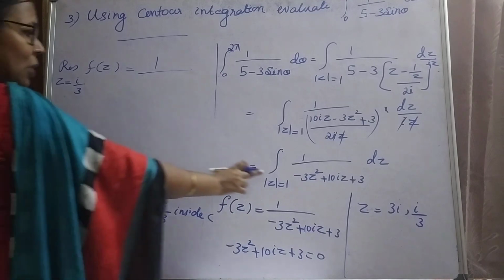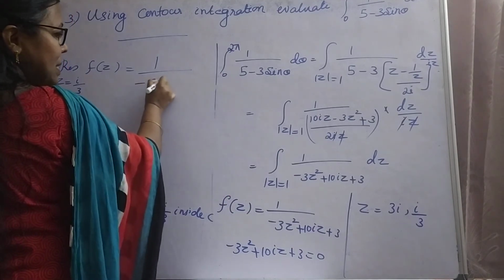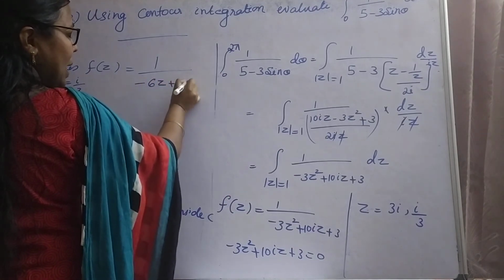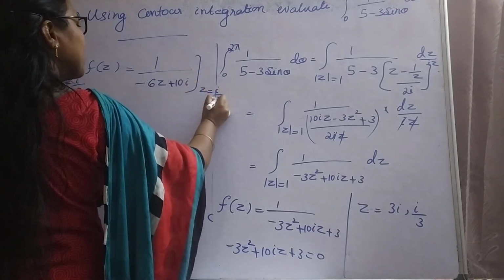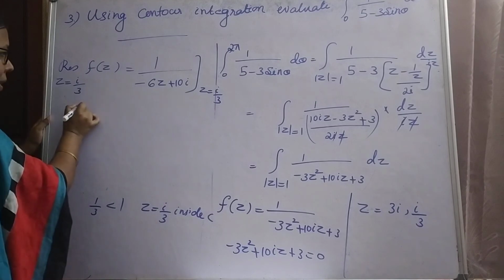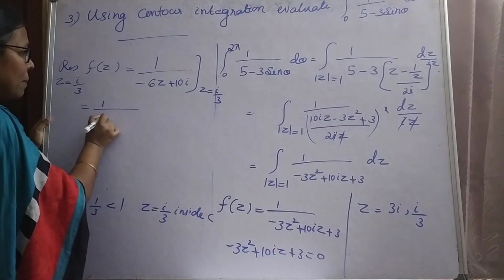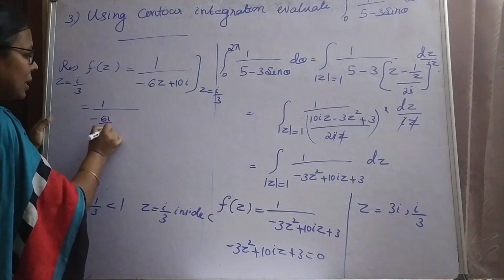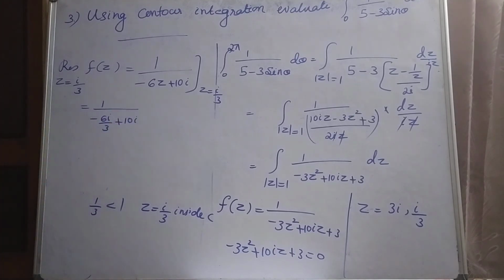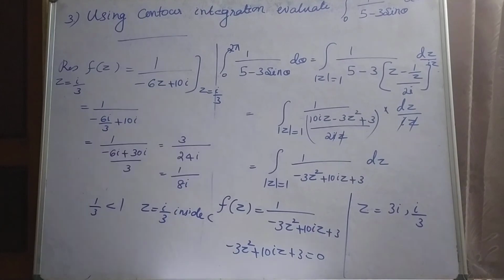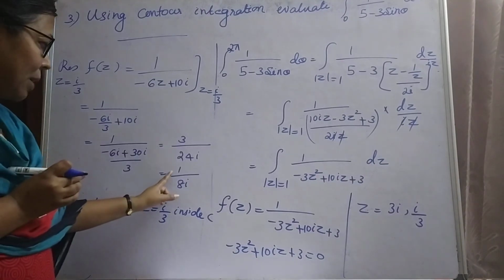Numerator is 1, derivative of denominator is minus 6z plus 10i. Put z equal to i by 3. Here we get 1 by minus 6i by 3 plus 10i, which is equal to 1 by 8i. Here we get the residue as 1 by 8i.